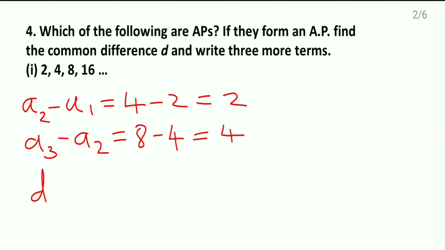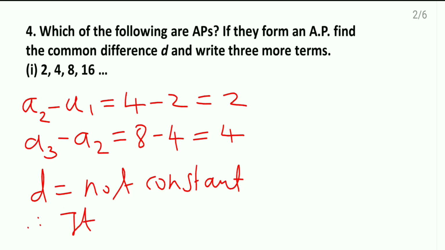So I'll say D is not constant. Therefore, it is not an AP. So we do not have to do anything more. Come to the next question here.